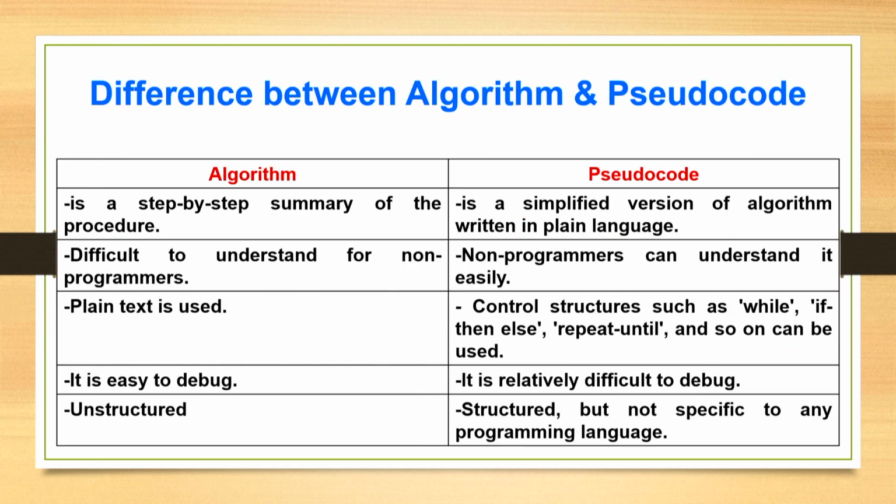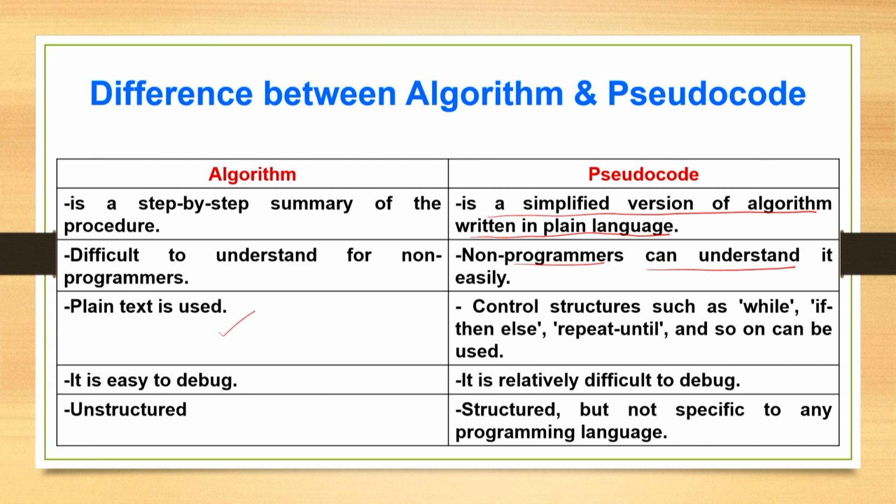So, what is the difference between algorithm and pseudo code? Algorithm is a step by step summary of the procedure, whereas pseudo code is a simplified version of the algorithm written in plain language. Algorithm is difficult to understand for non-programmers, whereas pseudo code is easy for non-programmers.